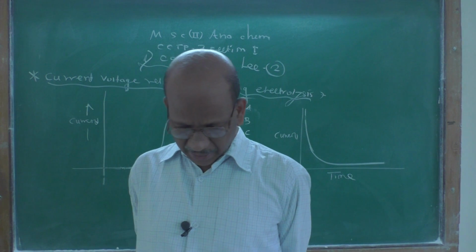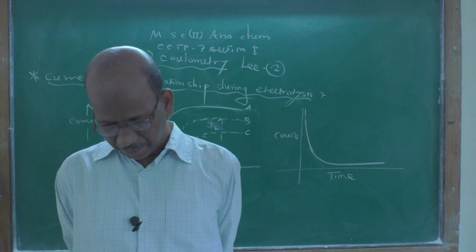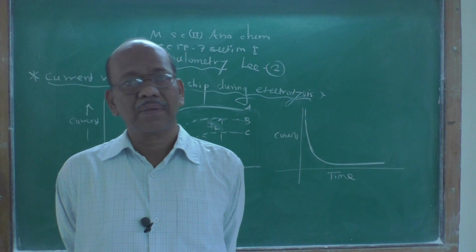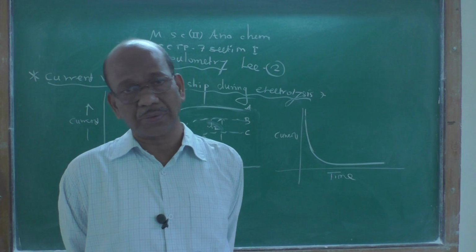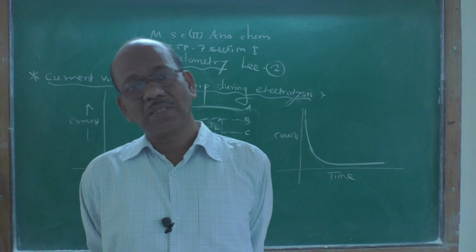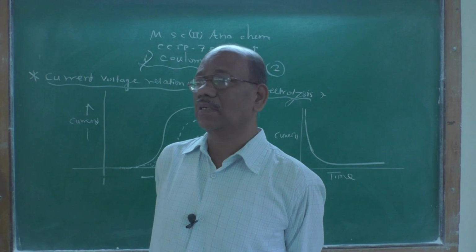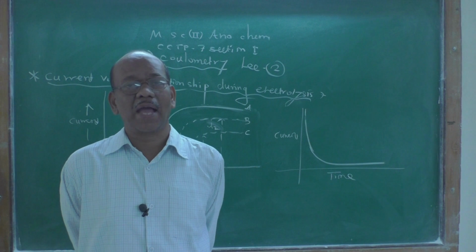So 100% of the current cannot be used to calculate the quantity, because not all of the current is used for the reduction of the electroactive species.